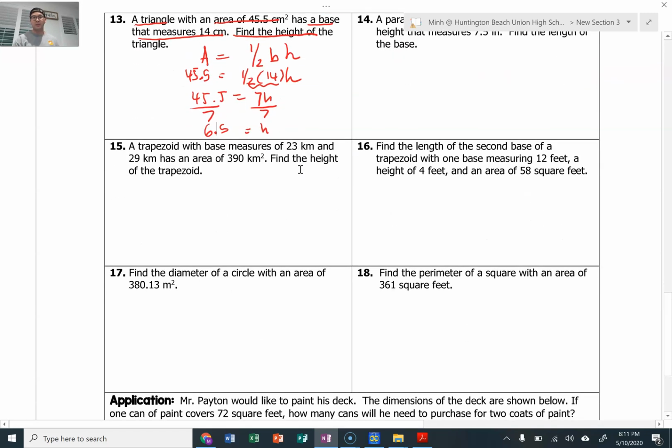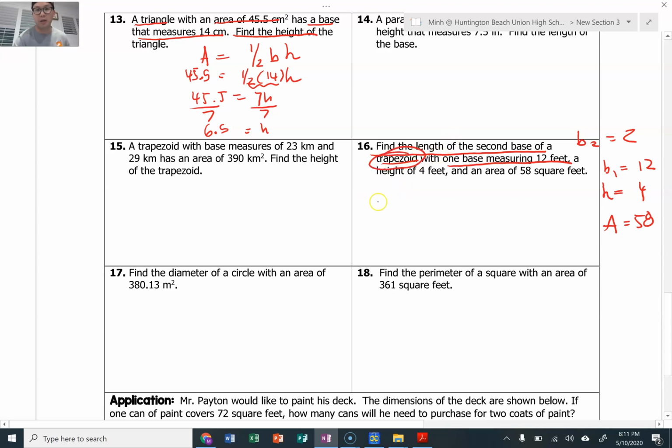All right. Let's try number 16. It says find the length of the second base of a trapezoid. So that's probably referring to B2. If one base measures 12, so I know that B1 is going to be 12, the height is going to be 4, and the area is 58. So trapezoid, okay, we're reading this.